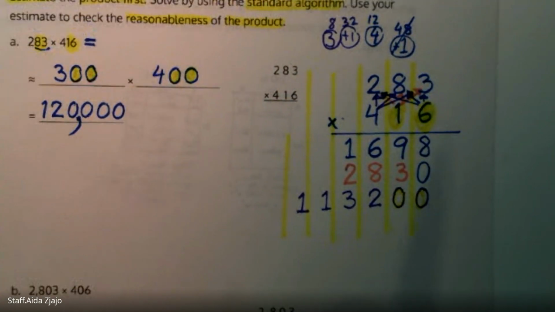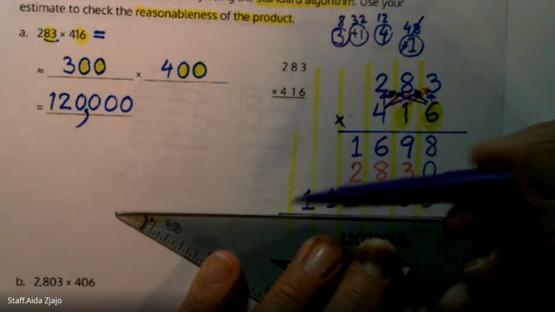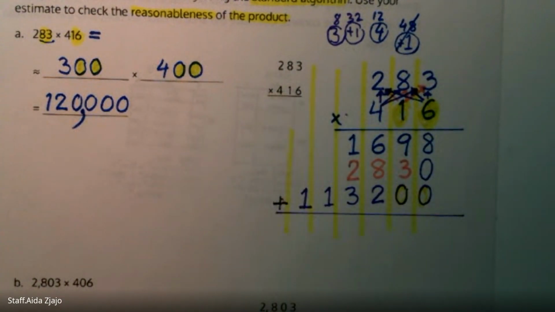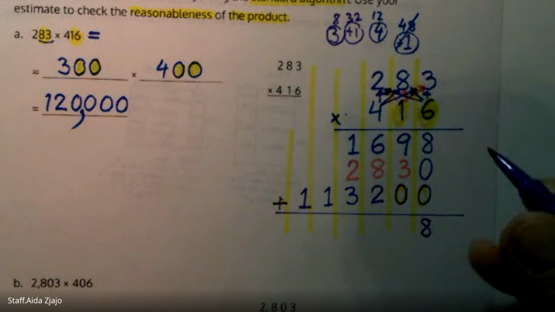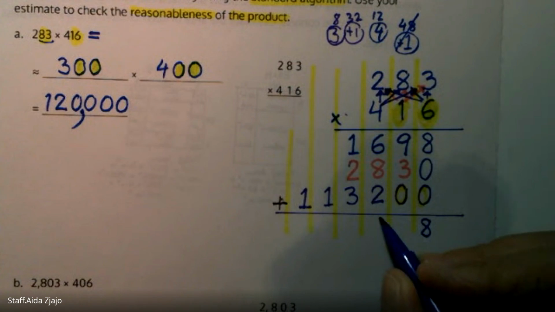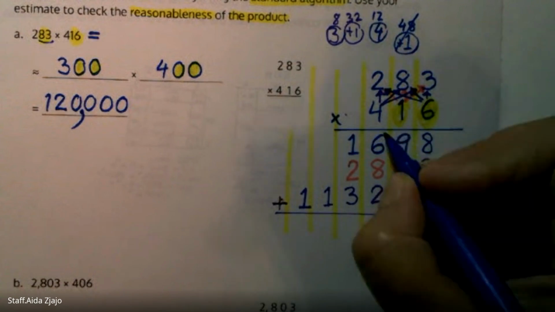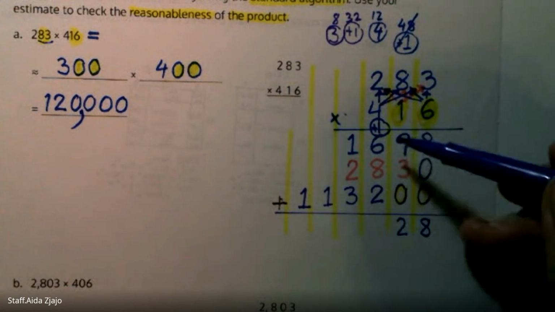Okay, so now I just did 400 times 283, and it is 113,200. So I am going to underline and I need to add all these place values now. Ones will be 8, the tens 9 and 3 is 12, so it's going to be 2, and I will remember 1, or have one made, 100.